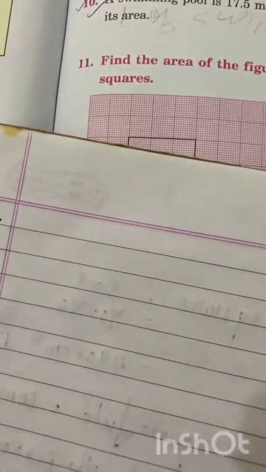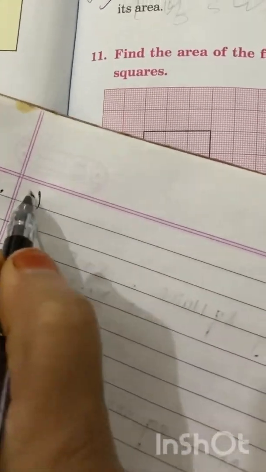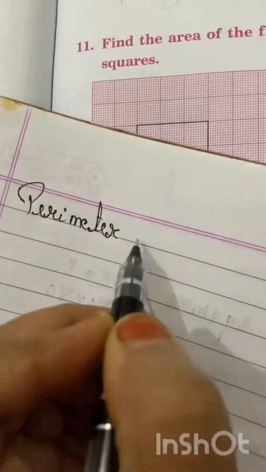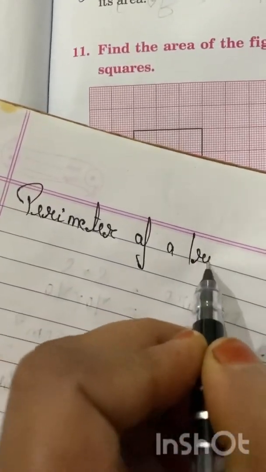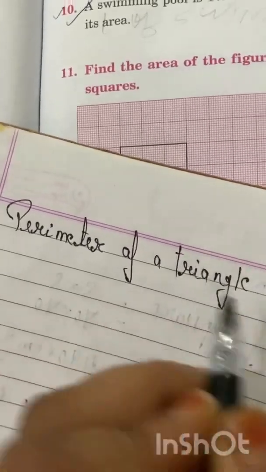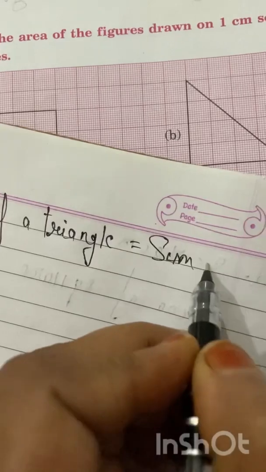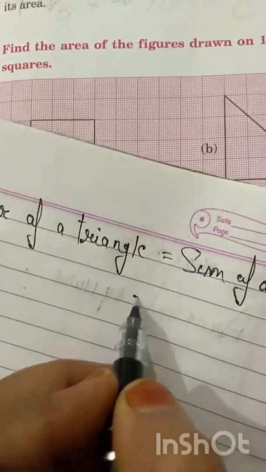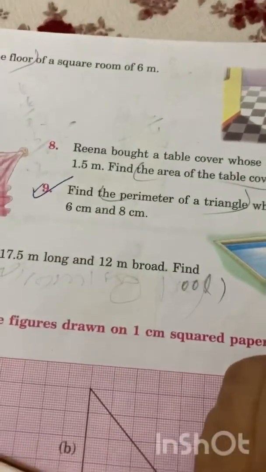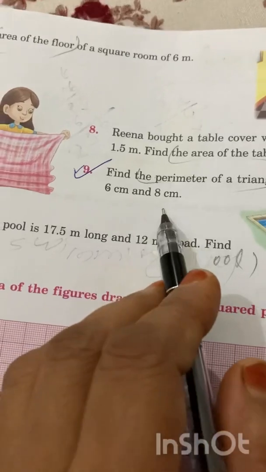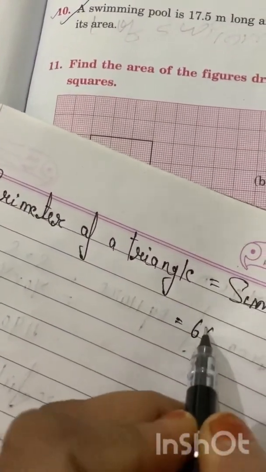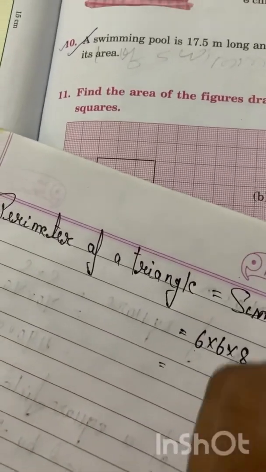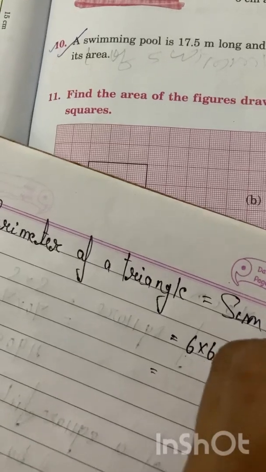Perimeter of a triangle is equal to sum of all sides. So what are the sides here? Sides are 6 centimeter, 6 centimeter and 8 centimeter. So what we have to do? 6 into 6 into 8. So 6 6 is 36. 36 into 8.